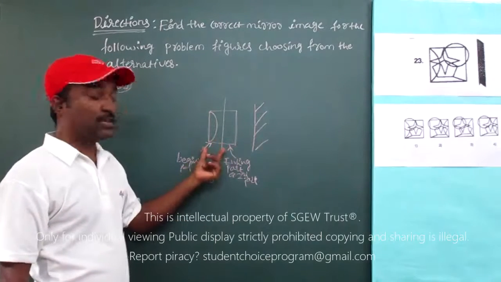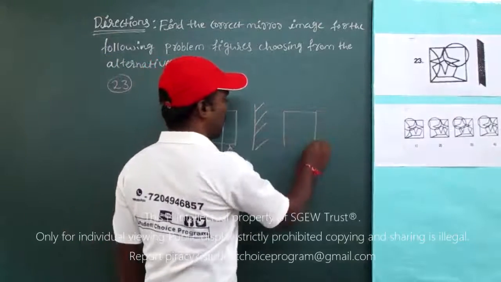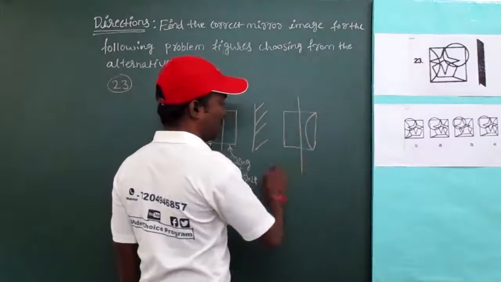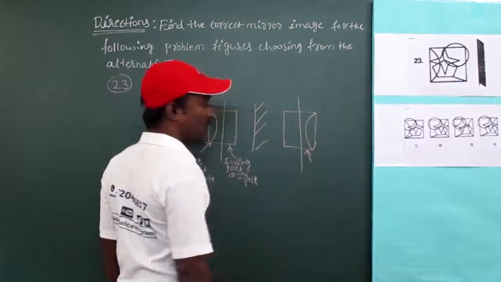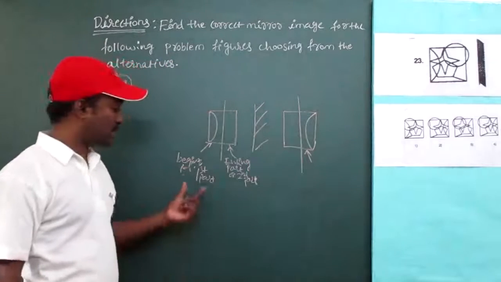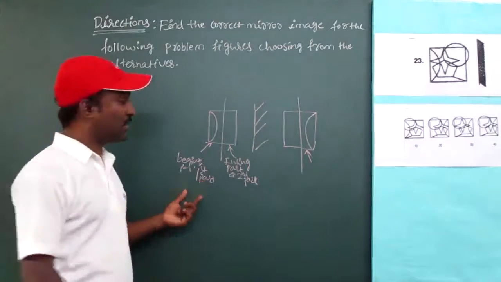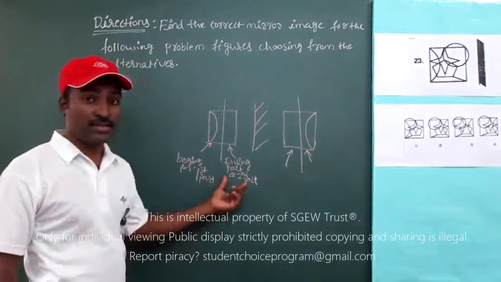So if you find the mirror image of this figure, this will appear like this. Now this is the beginning part or the first part and this is the ending part or the second part.